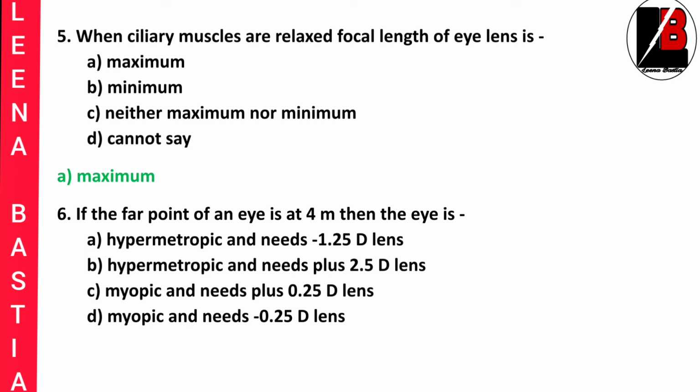So children, it is asking for the far point. Okay, far point is at 4 meter. That means the person is not able to see infinity, right? So what will be the disease?